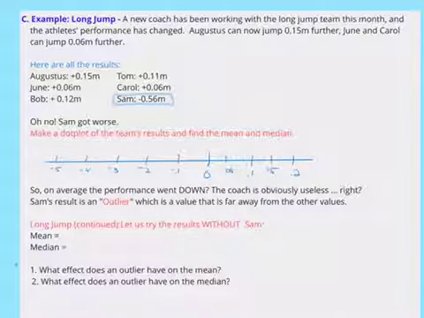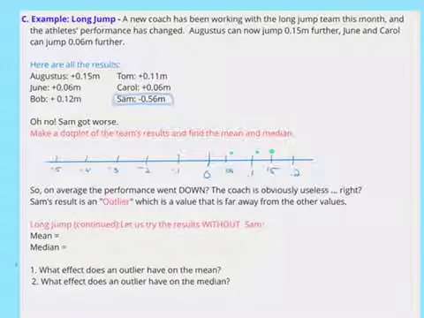So with Augustus, he's at 0.15. I have that marked off, so I can put his dot right there. And then I have June at 0.06, so this is 0.05. 0.06 is going to be just right next to that. And then I have Bob at 0.12. If this is 0.1, 0.12 is going to be right about there. And I have Tom.